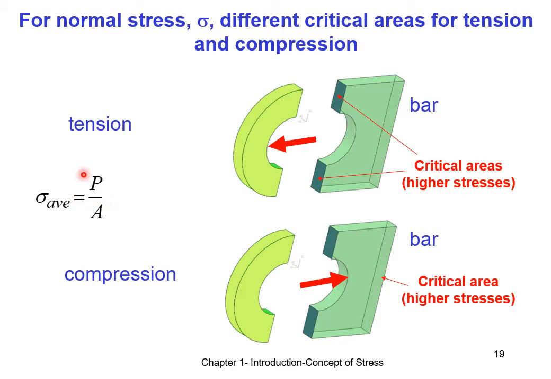If you take a look at the equation for stresses, sigma equals P over A. For the same force itself, sigma will be maximum if area is smallest. In tension itself, the critical area is over here, and in compression, the critical area is here. As such, in tension, the critical area is smaller, and the stress itself will hence be higher.